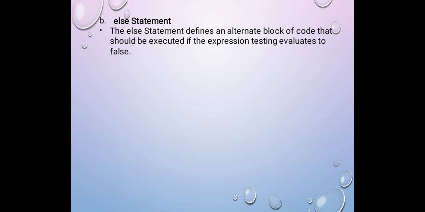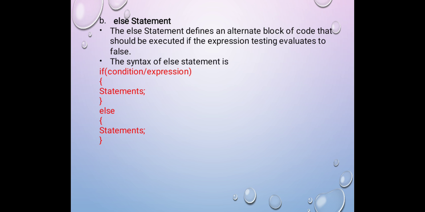And the second one is the else statement, that is the if else statement. This statement defines an alternative block of code that should be executed if the expression we are testing evaluates to false. That is, it produces the output for both true as well as false. The syntax is: if condition, statements for the true case, and else, the false case statements are written.